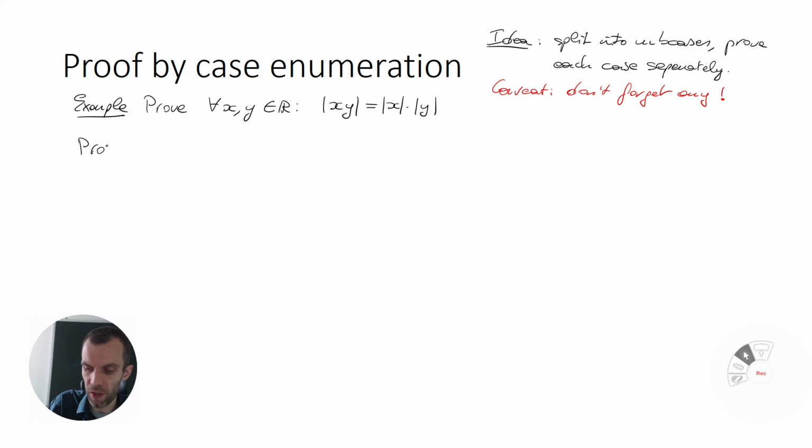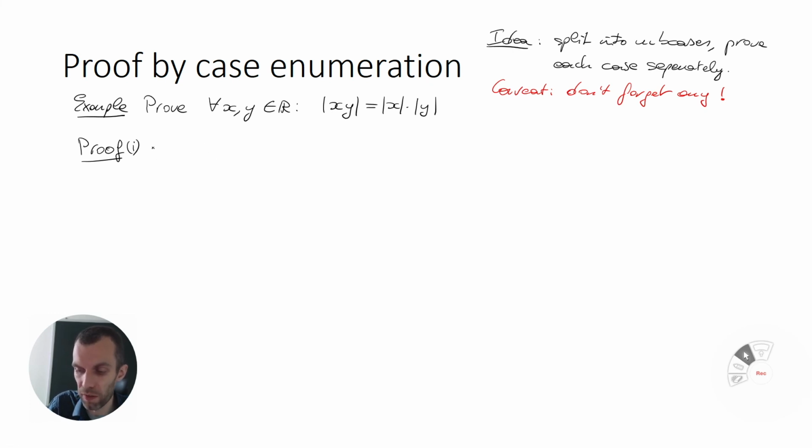So for example, there's a few natural cases that we can look at. We know the absolute value function has different behavior depending on whether the argument is positive or negative. So let's divide it up into 4 cases for each of the different signs of x and y.